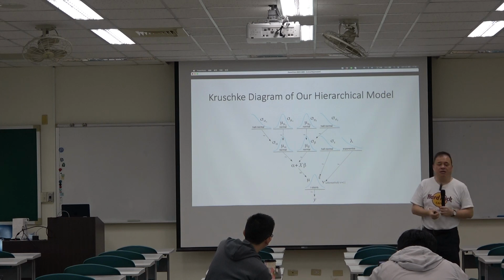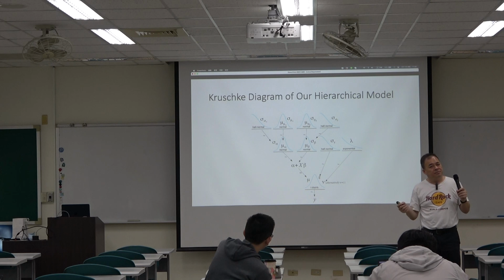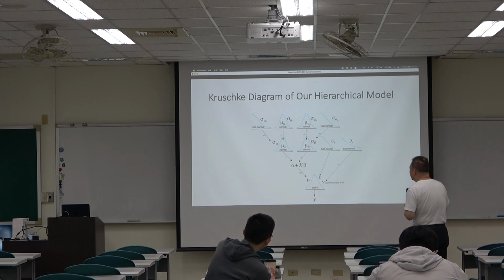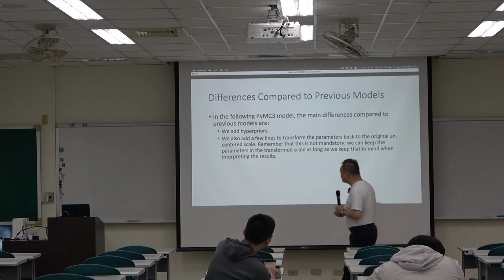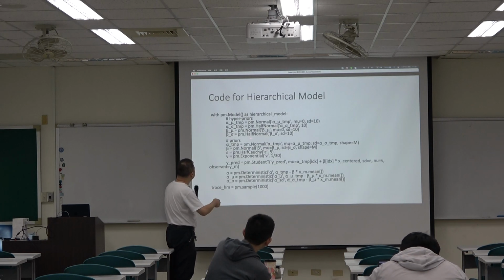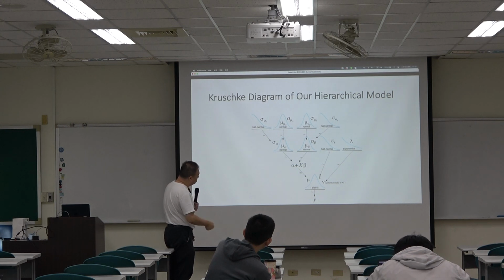Because as I said, if you don't know the prior for that group, at least you can use this one to indirectly restrict the prior of the last group. So this is the code. The code is basically a direct translation of this model.